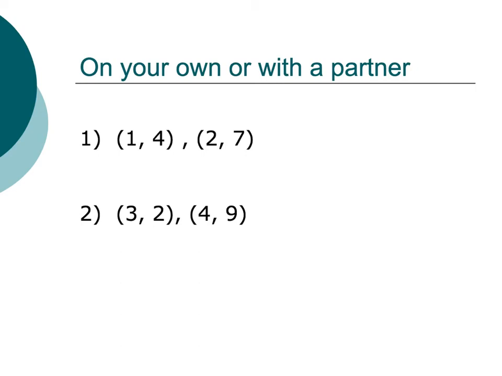In the first one, to find my slope, 7 minus 4 over 2 minus 1. That gives me 3 over 1. To find b, plug in what I know. y equals 3x plus b.